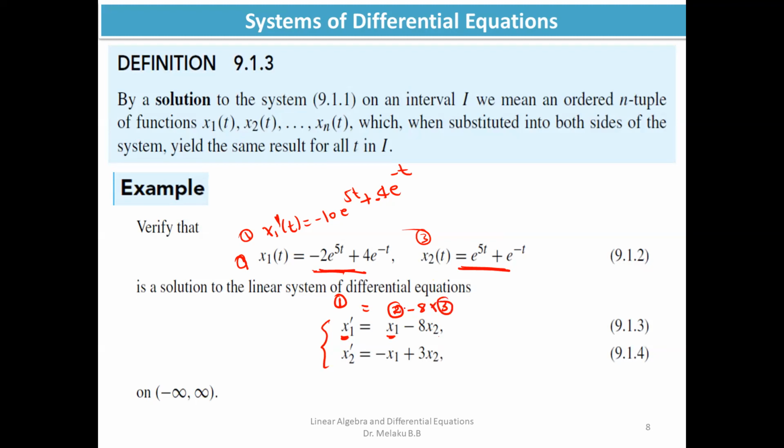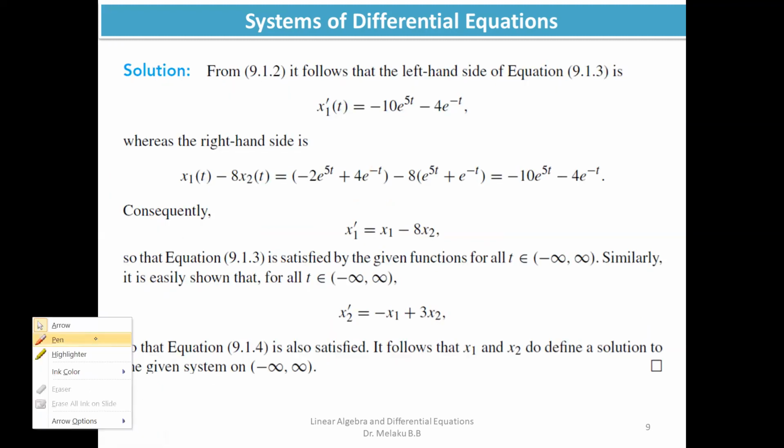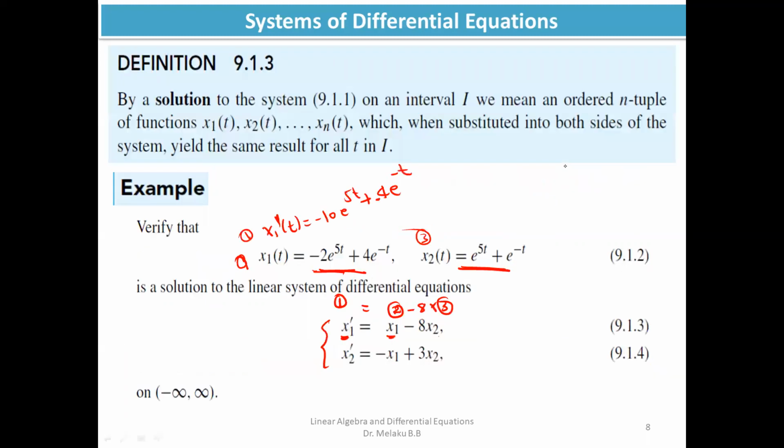If you substitute, we obtain the same, otherwise not the same. Now we substitute here: x1(t) minus a times x2(t) equals x1 bar. Therefore, we can say that x1 and x2 are a solution for this system.